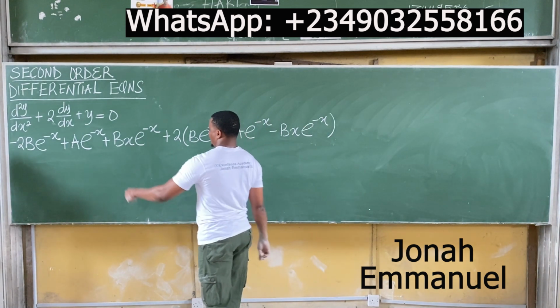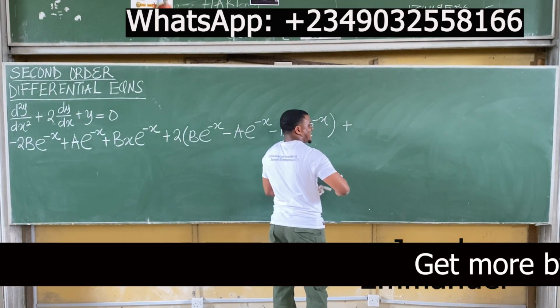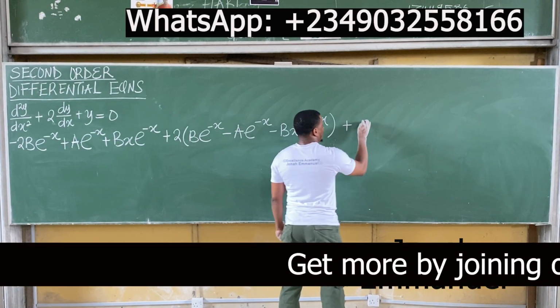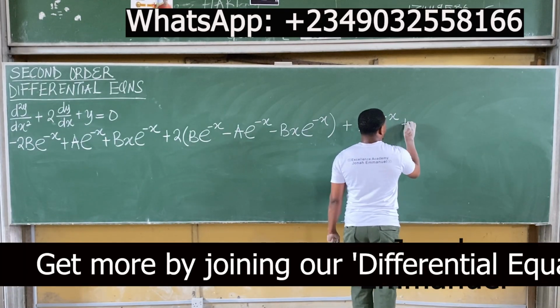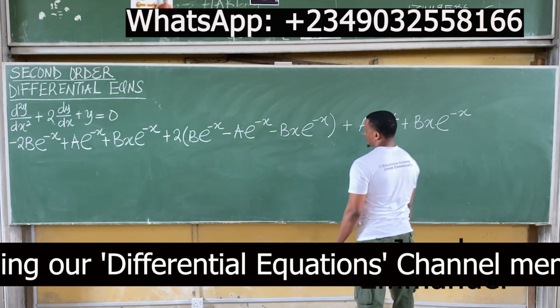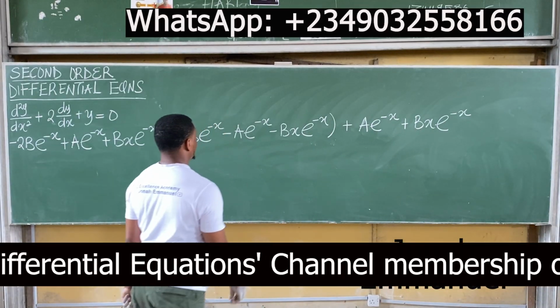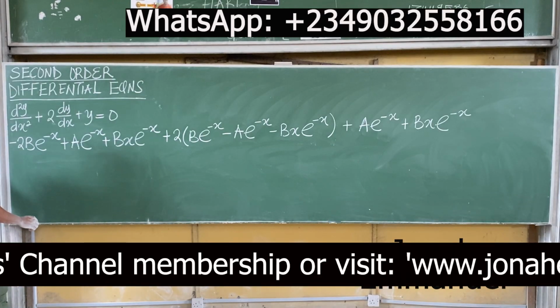All right, so that's the value of dy dx plus y. So plus, give me the expanded value of y. A exponential minus x plus bx exponential minus x. All right, let's get this done. So what do I have here?